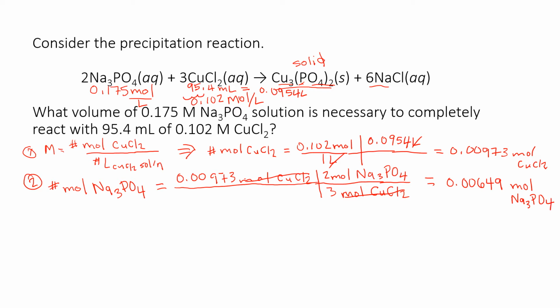Alrighty. All right, so now that we're in moles of sodium phosphate, check this out, guys. If I'm given the molarity of a substance and I'm given the moles of that substance, I can calculate the volume in liters of that substance, right?